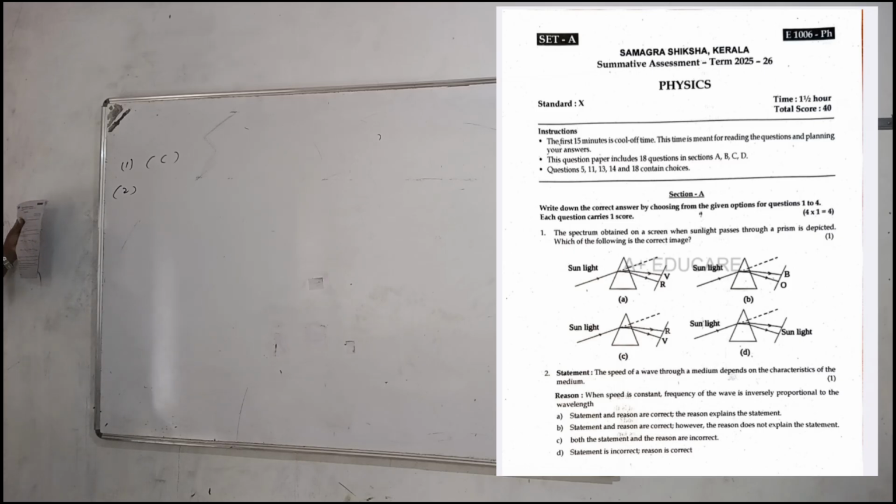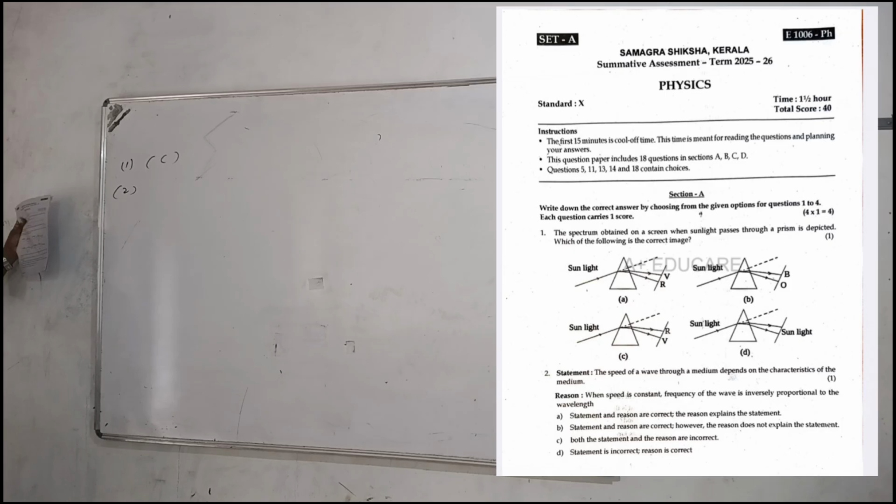The speed of a wave through a medium depends on the characteristic of the medium. That is correct. Reason: when speed is constant, frequency of the wave is inversely proportional to the wavelength. That statement and reason are not connected at all. So the answer options are: A, statement and reason are correct, the reason explains the statement.